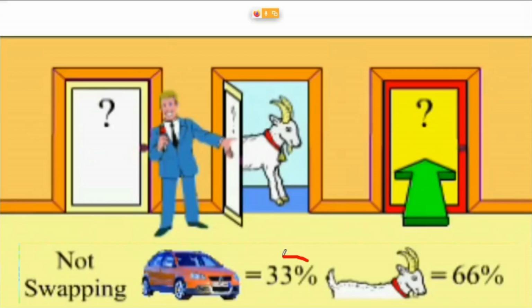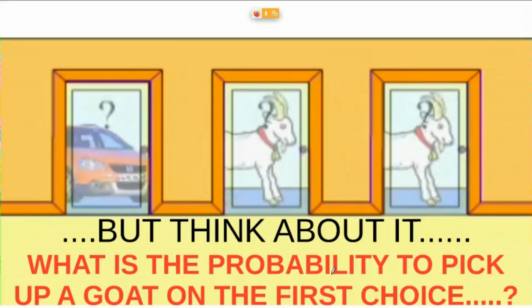Well, we have a 33% probability to pick the car, to choose the car. And we have 2 out of 3 possibilities to pick the goat. But the question is, what is the probability to pick up a goat on the first choice?